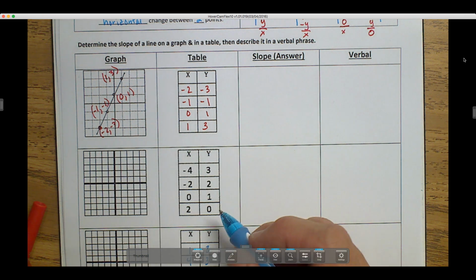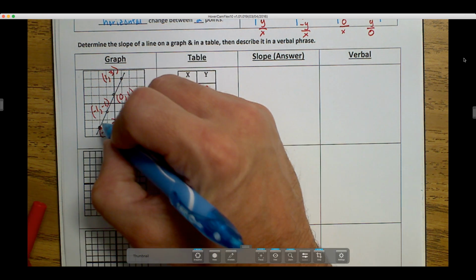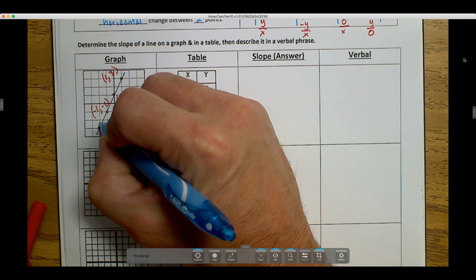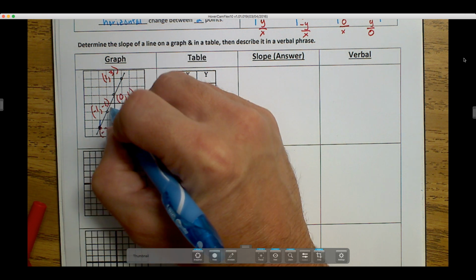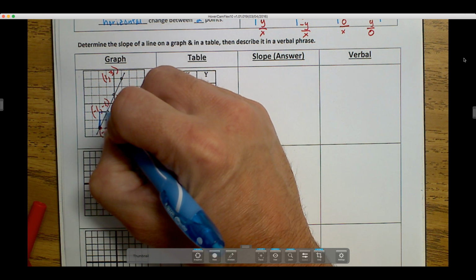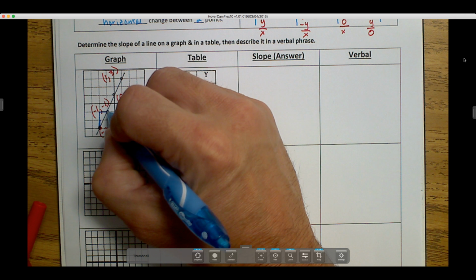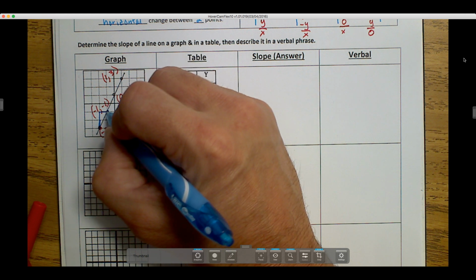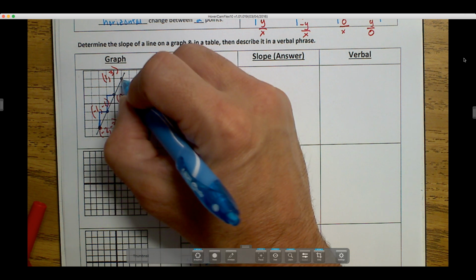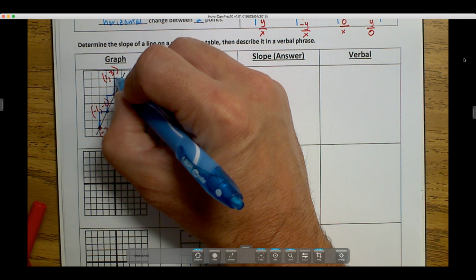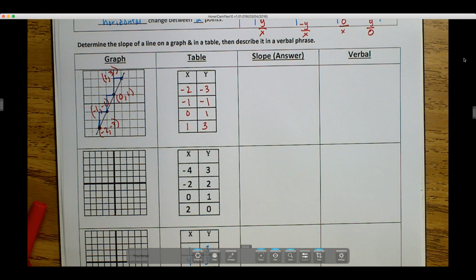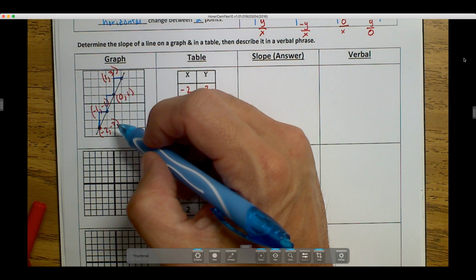If you're given a graphed line, we can use our slope triangle. So you're finding your vertical change. Well, to get from the first point to the second point, we go up and we go across. To get from the second point to the third point, we go up and across. And the third point to the fourth point, we go up and across. And if you have a straight line, which you should with slope, it's going to be the same values each time.